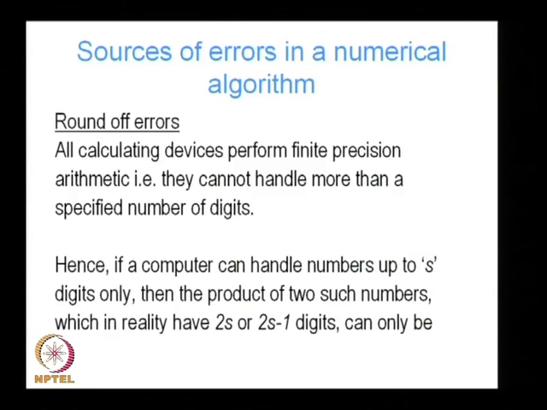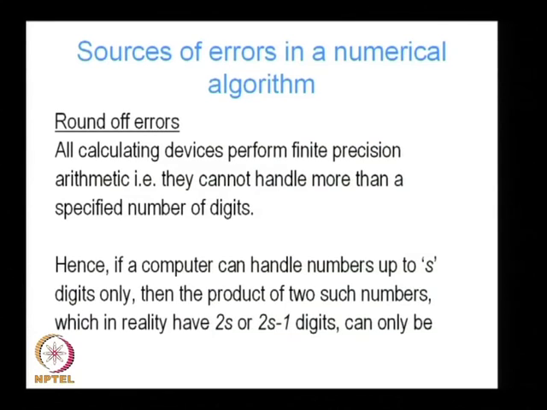For instance, if I have a number that has 2 digits, for instance 12, and multiply it by another 2-digit number, for instance 12 again, I get 144, which has 2 times 2 minus 1, that is 2s minus 1, that is 3 digits.